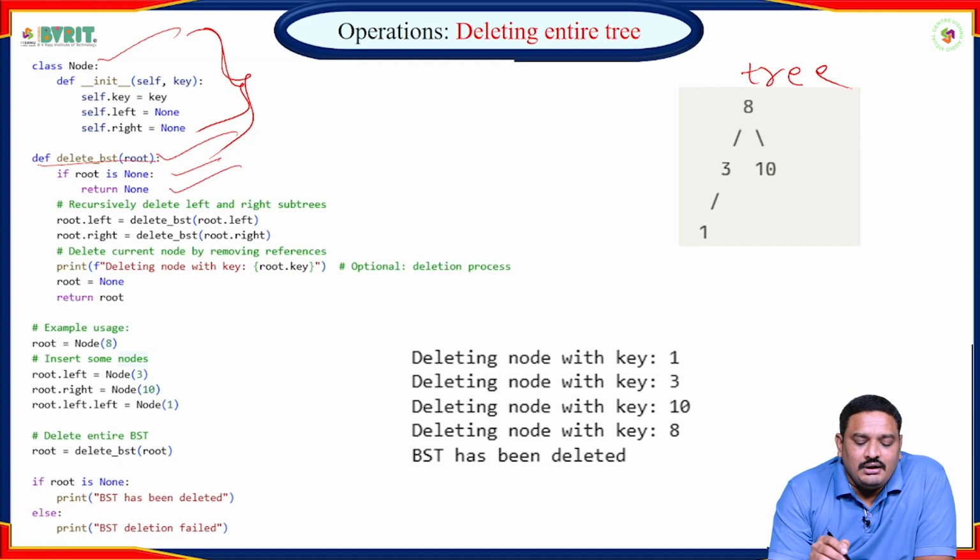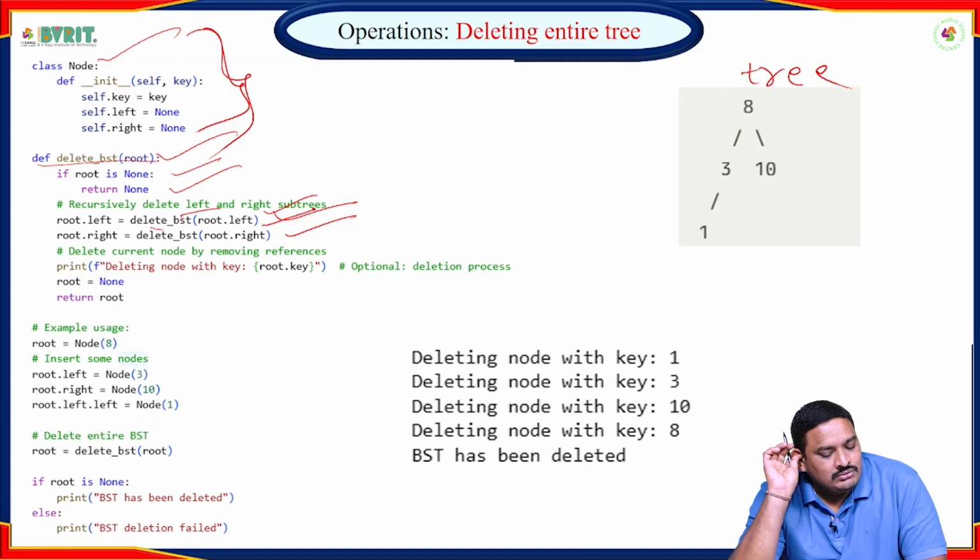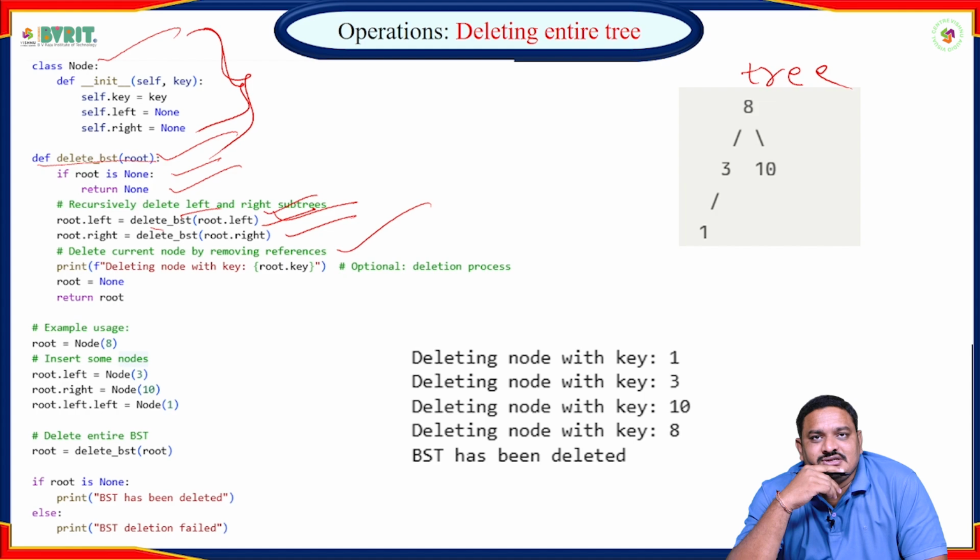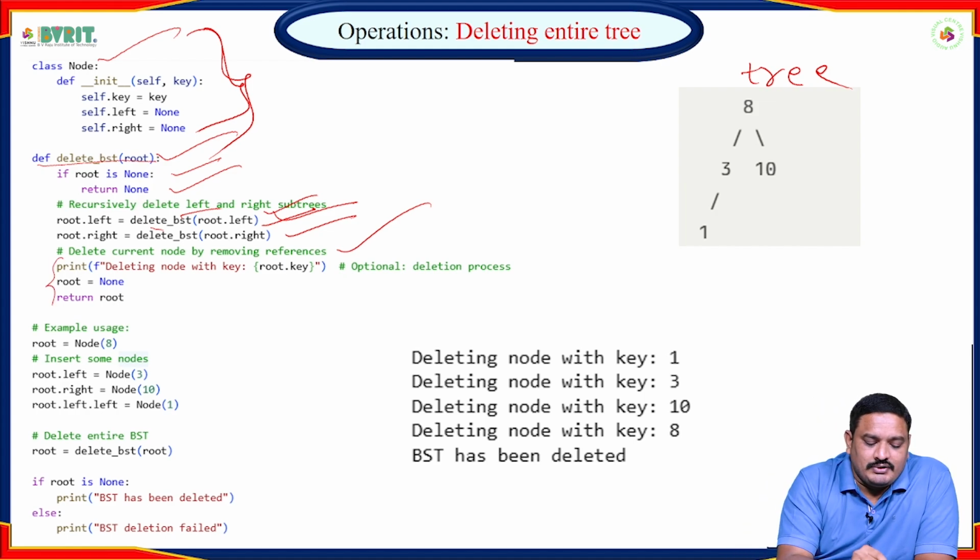Otherwise, we delete the left and right subtrees. How to delete them? root.left equals delete_binary_search(root.left). root.right equals delete_binary_search(root.right). After that, we delete the current node by removing the references.